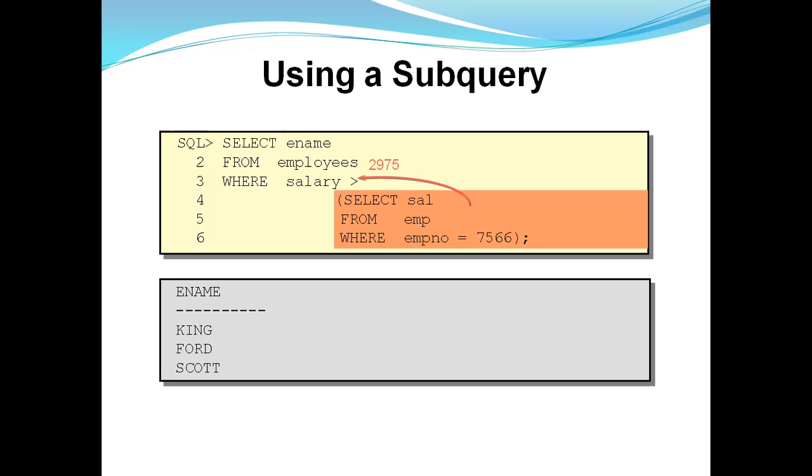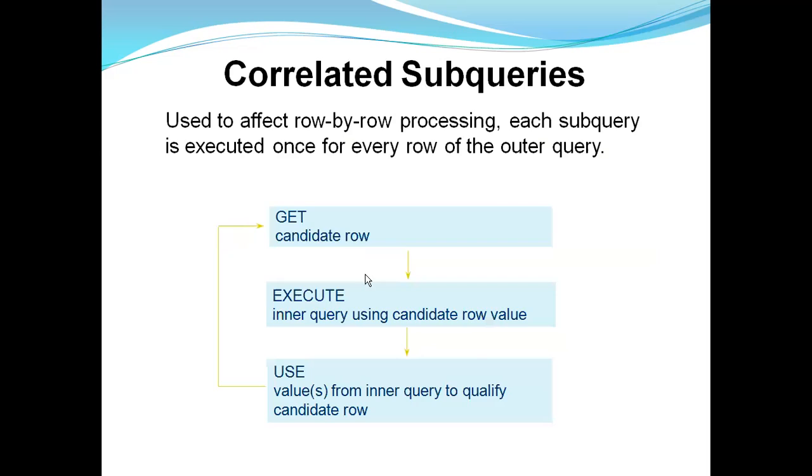Now, the next important part of subquery is the correlated subquery. Now, what is a correlated subquery? Especially, a correlated subquery is used whenever you want row by row processing.